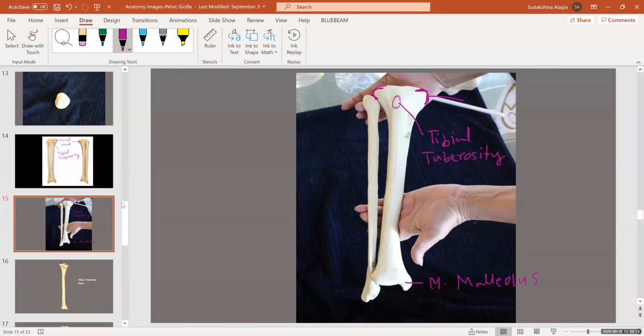So this would be the medial. You can either call it medial condyle of the tibia, or medial tibial condyle. And you can call this lateral tibial condyle.